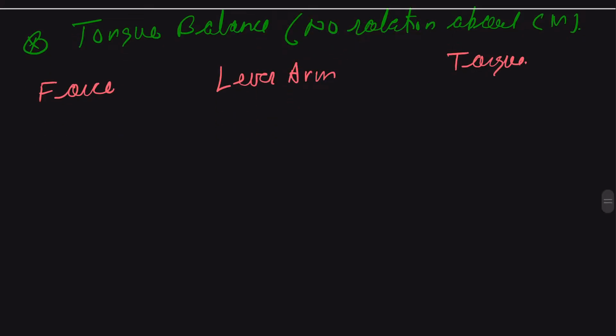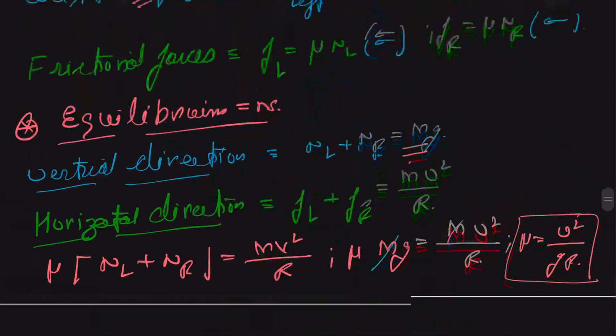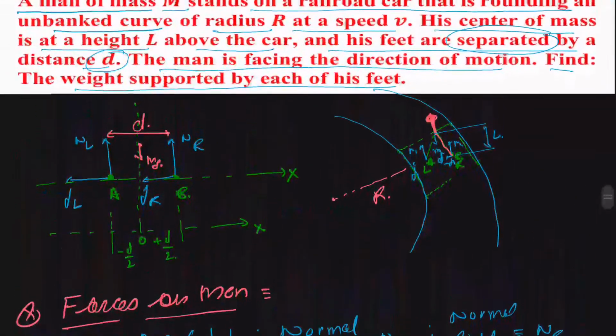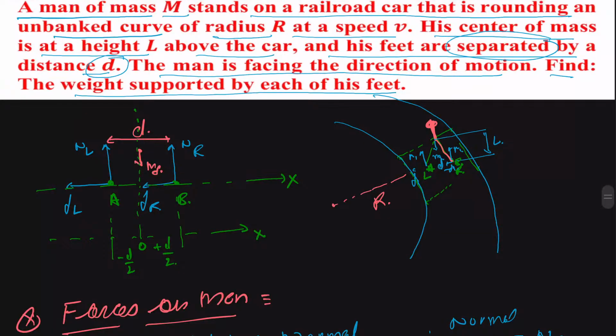So the first force is our normal to the left, direction is upward, and we have its distance d by 2 to the left of our center of mass.